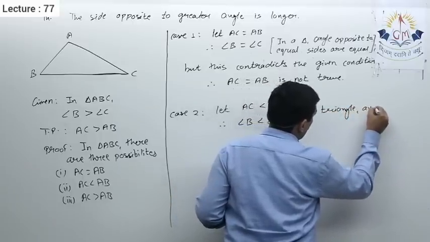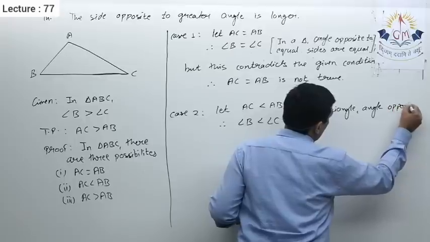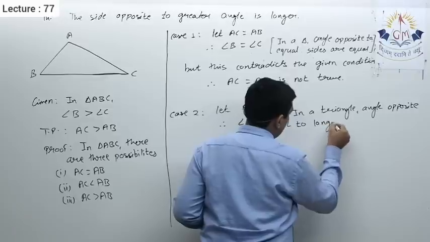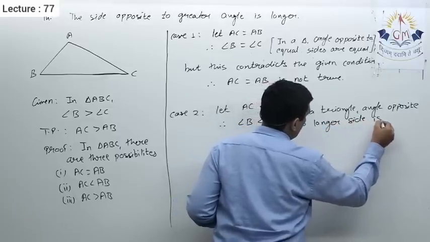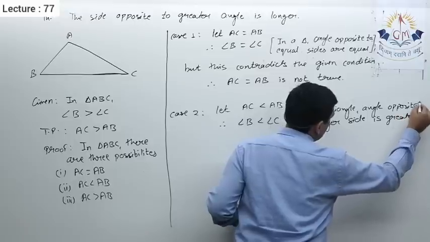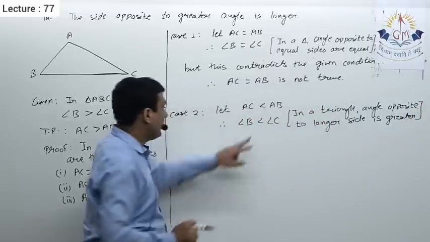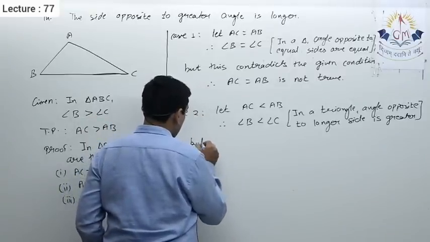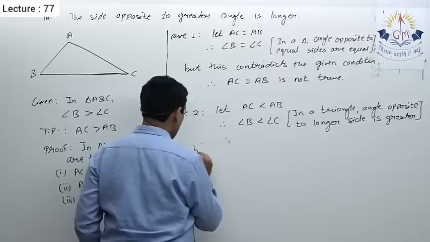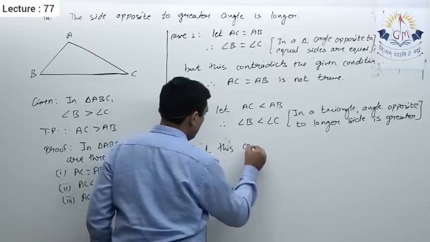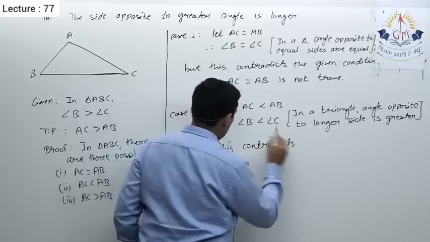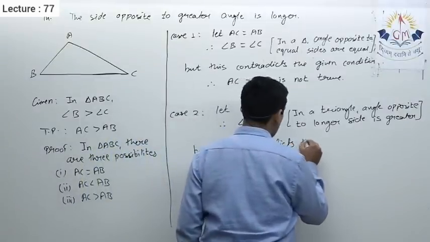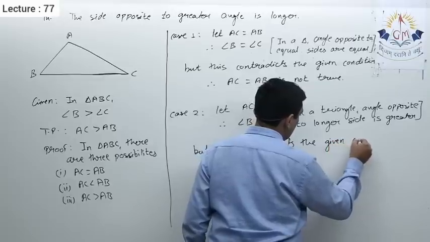According to that, angle B must be less than angle C, but angle B is greater than angle C. Again, this contradicts the given condition.